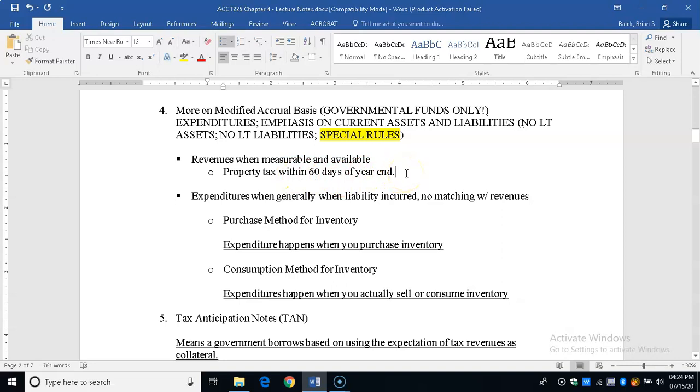Okay, so that means if we use modified accrual basis of accounting, when do you have revenue? Well, we have property tax revenue as long as you can collect the property tax money during this year or 60 days after the end of this year. Then all of that is going to be property tax for the current year.